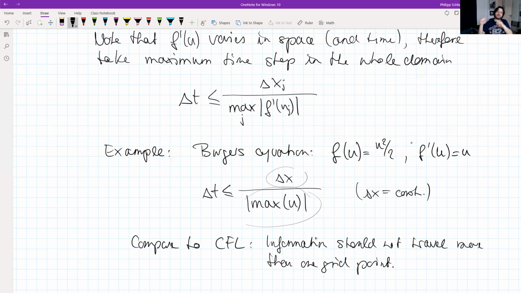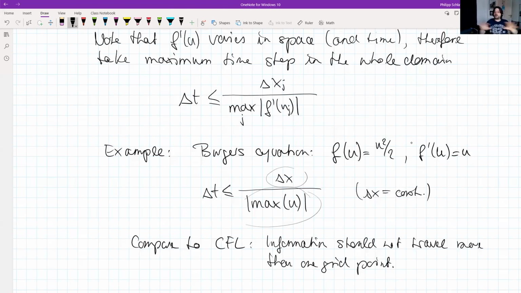And that is a local measure depending on the local speed in your whole domain and the local grid spacing that you have. And this type of calculation is done in every CFD code. At some point, you will calculate the local speed and the local grid spacing, and thus the local time step in every point.